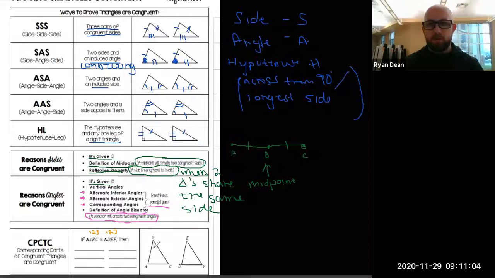So 1 and 2, that's AB. I'm just going to get that one congruent mark. And then 1 and 2 on the other triangle would be DE. The pictures aren't always going to look like this. Sometimes they'll be flipped around.